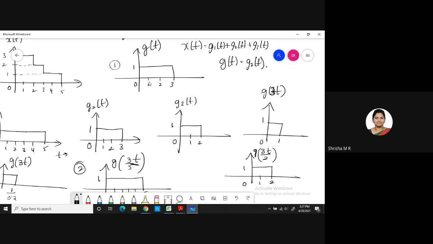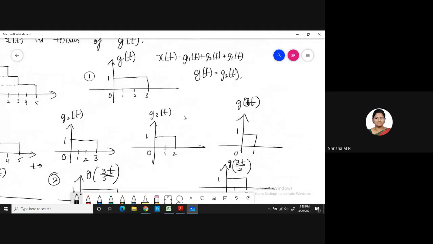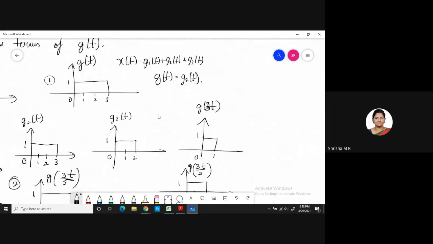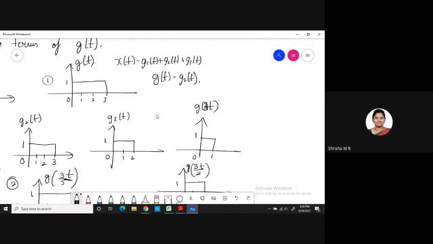Understood? Clear, everyone? So now I will start expressing my x of t in terms of g of t. So x of t is equal to g1 of t plus g2 of t plus g3 of t. What is g1 of t? G of 3t by 5. Plus g2 of t is g of t only because it's the same.